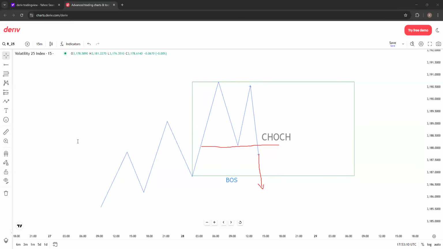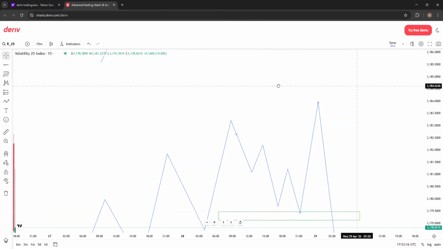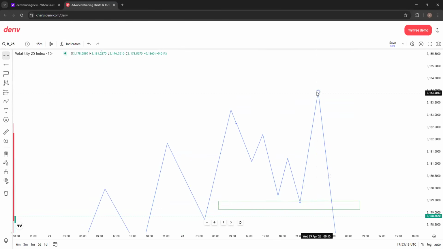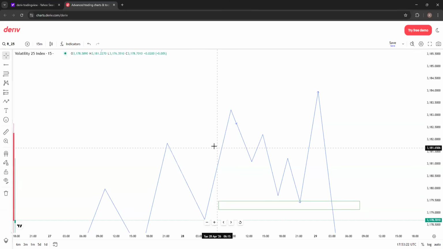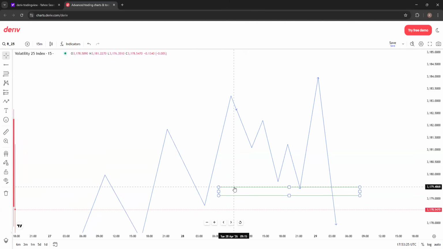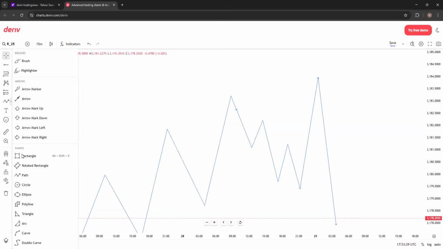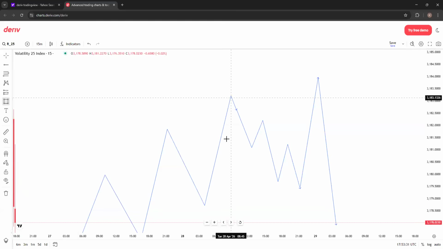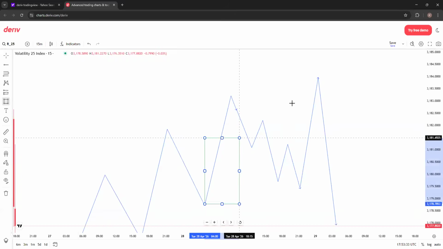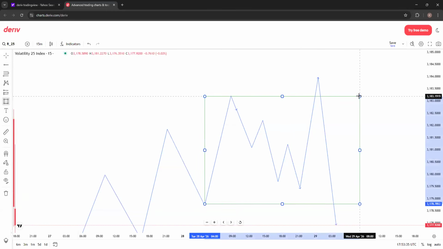This is now different from what I showed you first below here. Why? Because what you see is this high that was valid here. At first, from this low that was valid, it was broken, right?